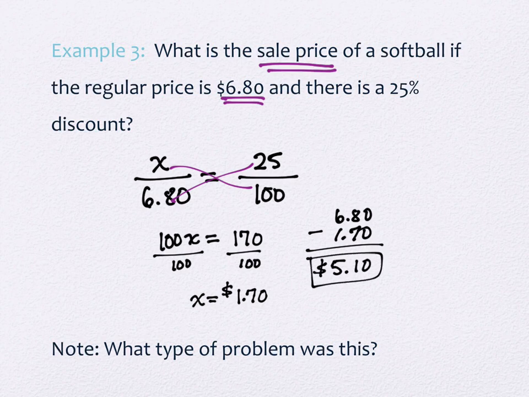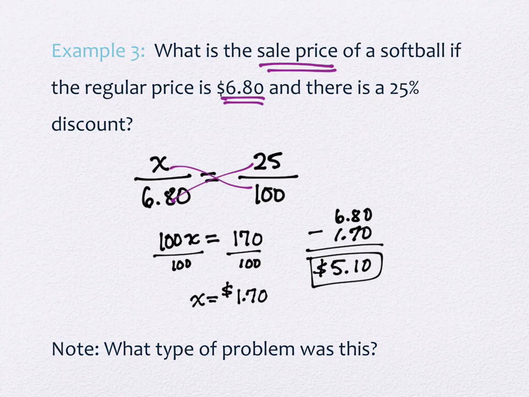Now, this is perfectly fine. There's nothing wrong with how we did this, but there is another way to do this too, where the answer at the end is just the answer instead of having to subtract something. What we chose to do is put the 25% in at face value, correct? But 25% is not how much we're going to pay, it's how much we're going to save. How much percentage-wise am I going to pay for this softball? 75%. If the discount is 25%, I'm going to pay 75%, right?